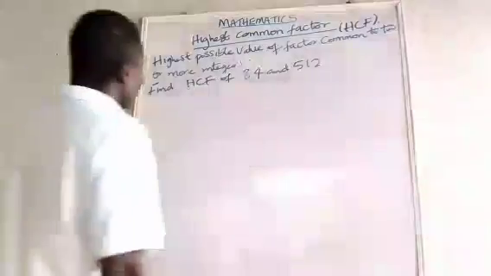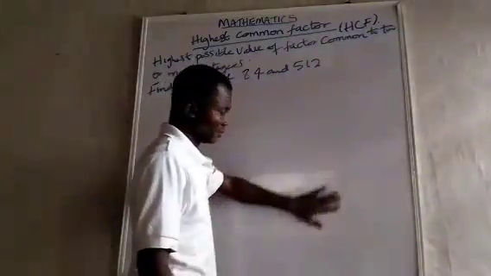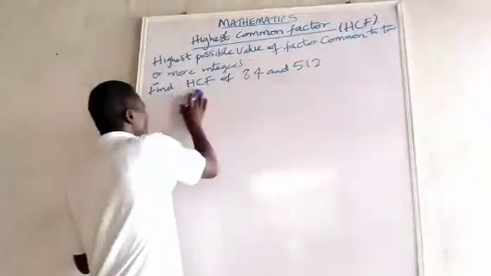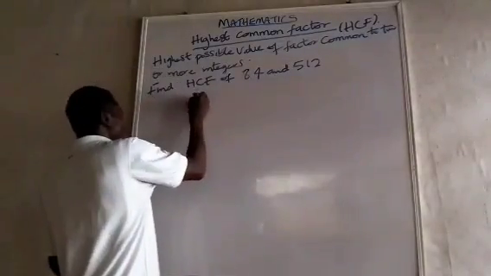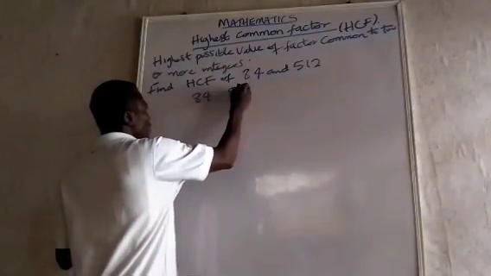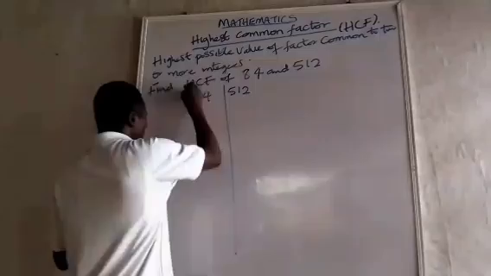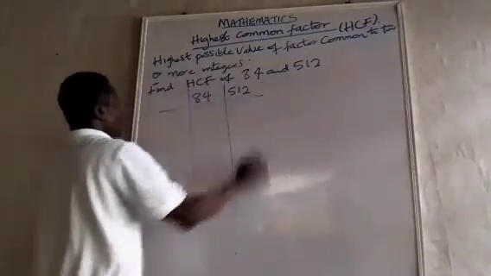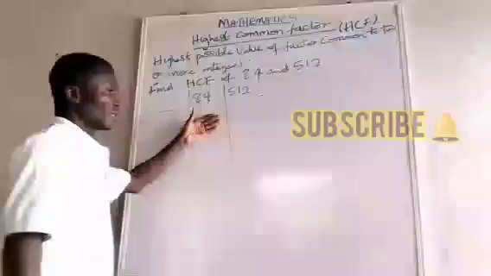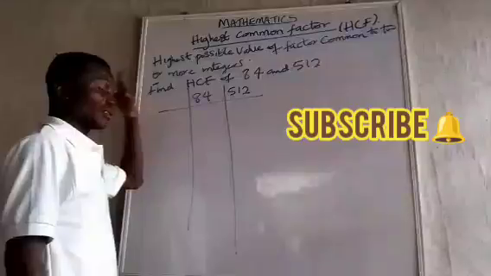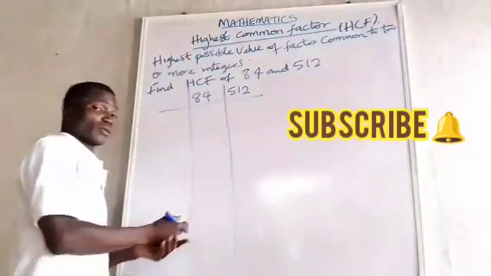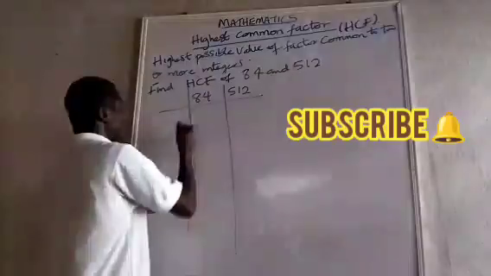Now, let's find the HCF of 84 and 512. Here too, you can write it like this: 84, 512. Either 2 or 4, whatever. It depends on how confident you are. But it's always good to go with a prime number. So let's do it with 2.